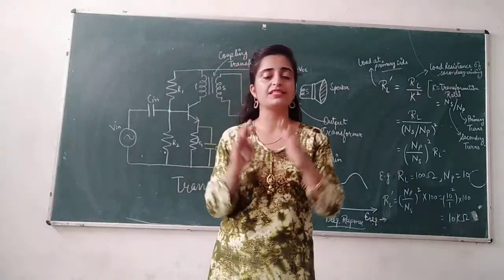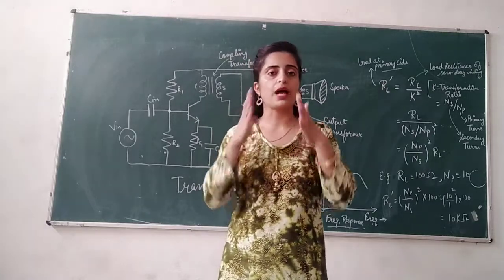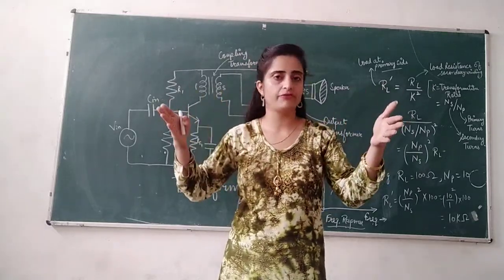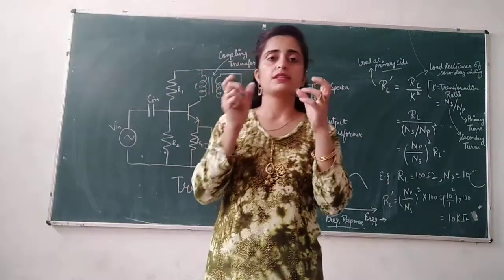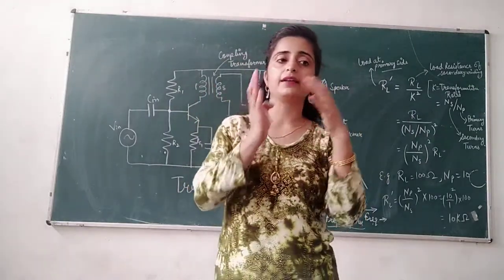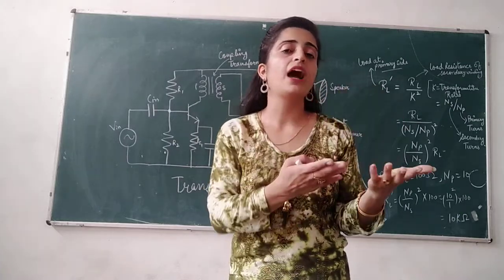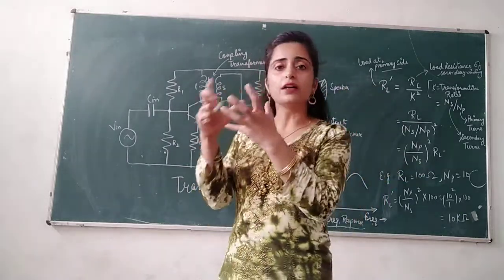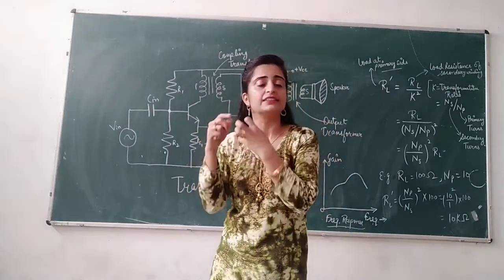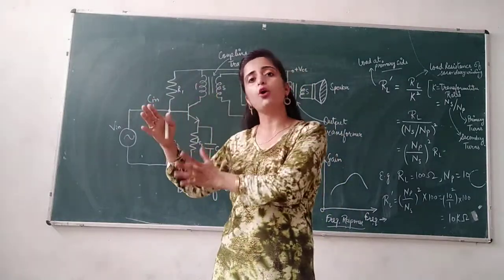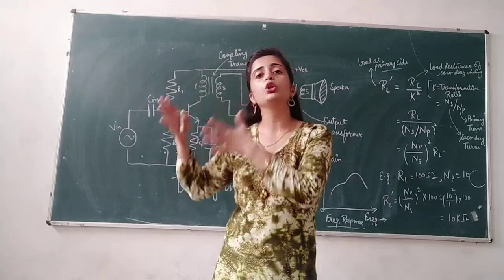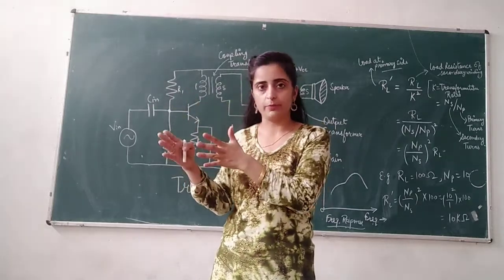Impedance matching means whenever we use a multi-stage amplifier, sometimes it happens that at the input side the impedance is very high, but the output devices that are utilized at the output side have a low input impedance.